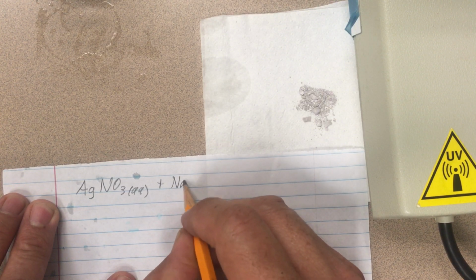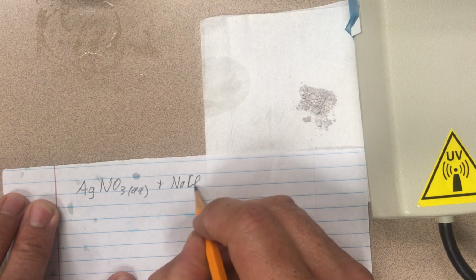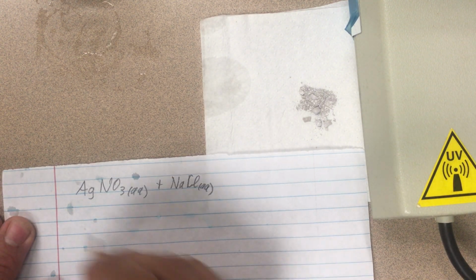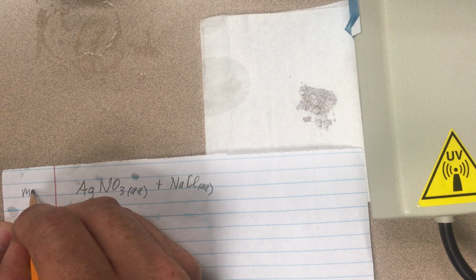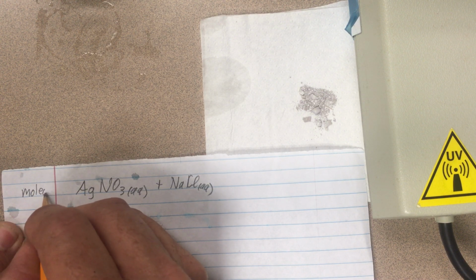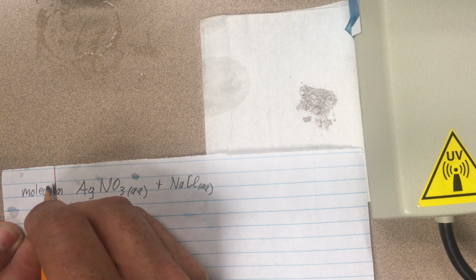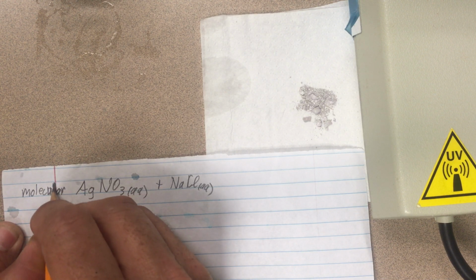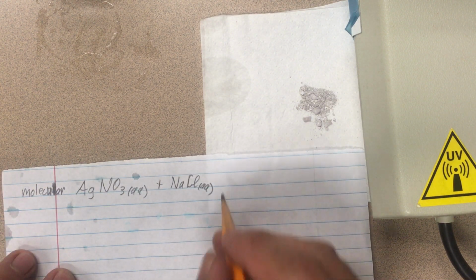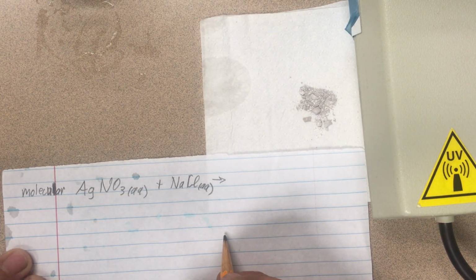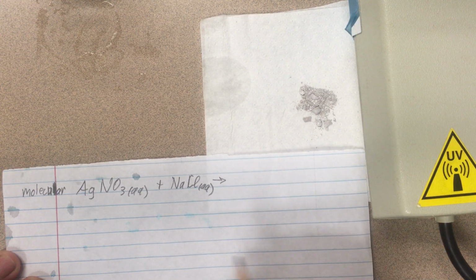So let's just call it sodium chloride in aqueous solution. Okay, and what I'm writing here is a molecular equation where everything is written as discrete molecules, whether they're ionic or molecular.